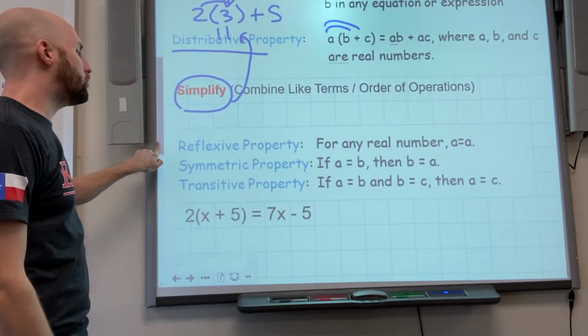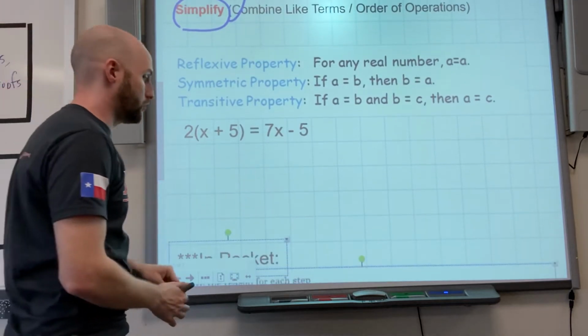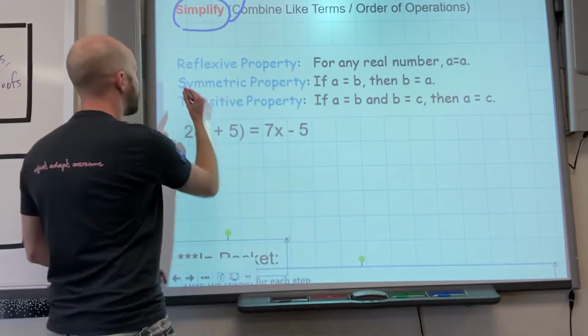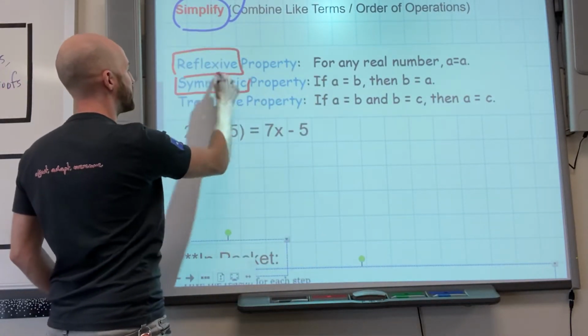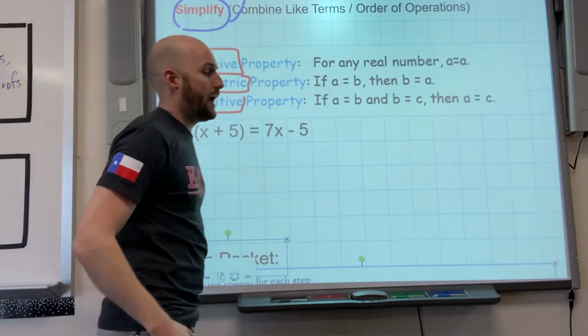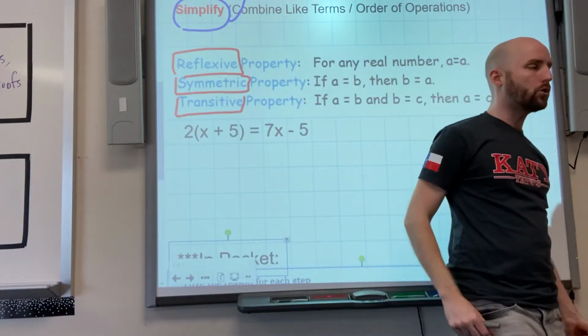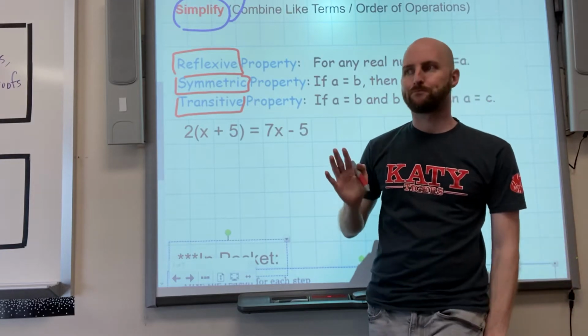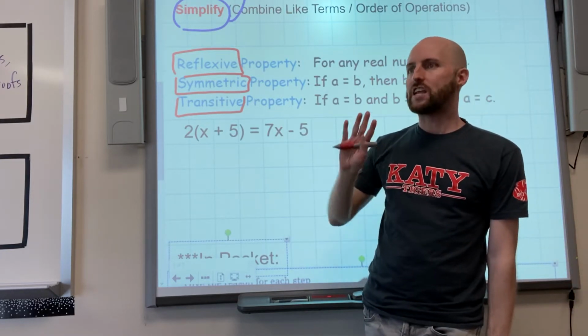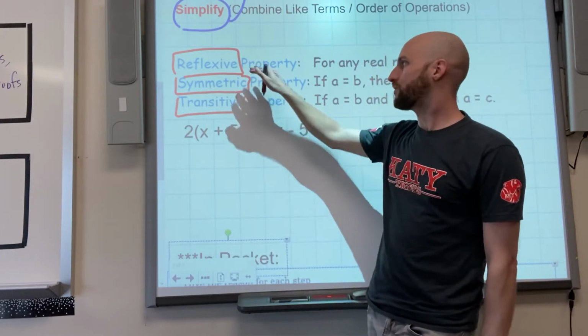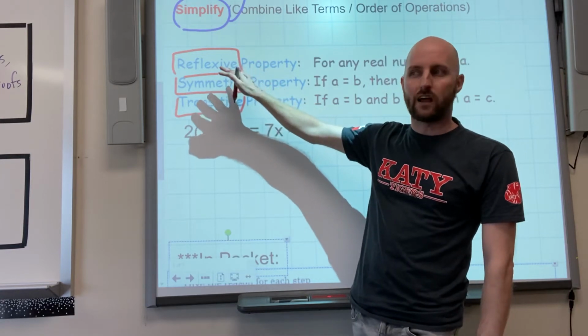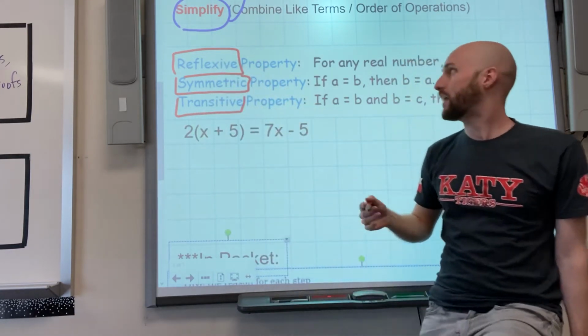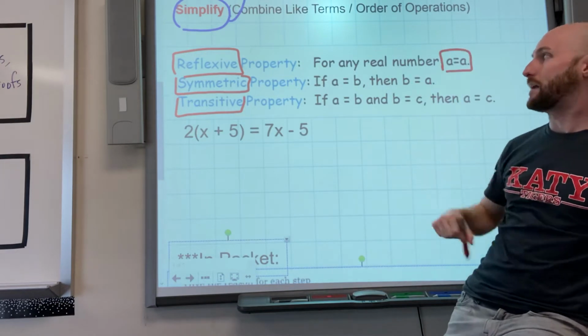The vocabulary words that I don't expect you to have seen before are reflexive, symmetric, and transitive. And some of these, you will see them in different uses. Like you won't see reflexive really be used until later this week, because reflexive really just says that I equal myself.